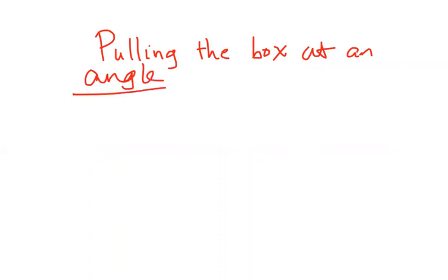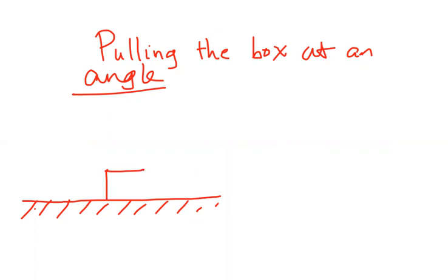This situation tells me that I should have my surface as usual, and then I'll have my box here. Then I'll have to consider the fact that there is a small pushing force here. I call it P. There is, of course, gravitational force acting downward, mg.